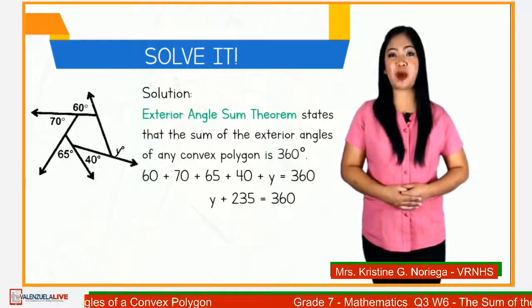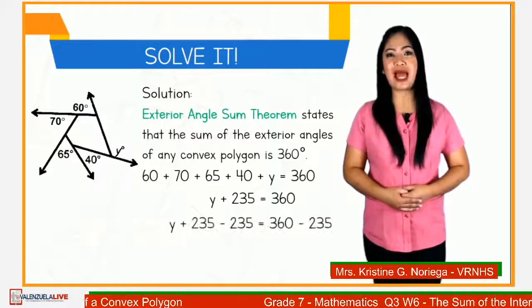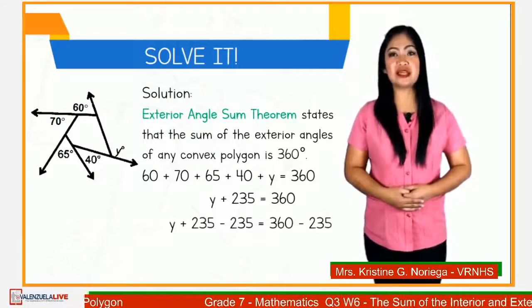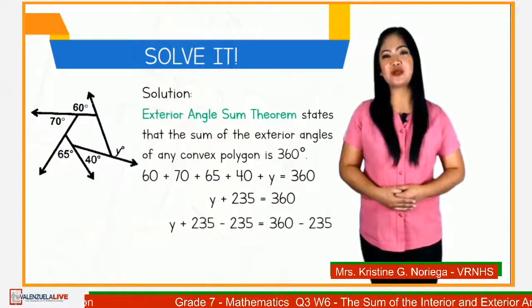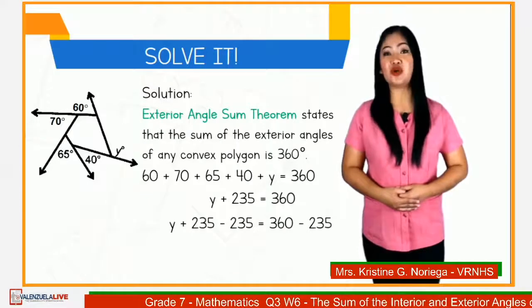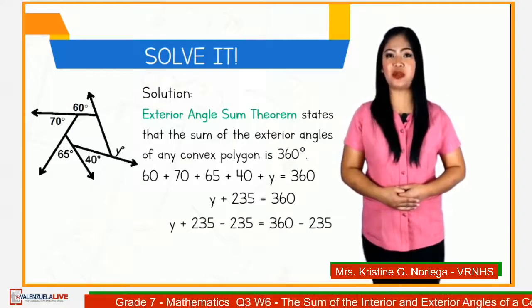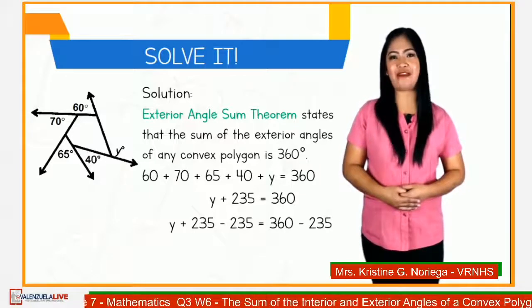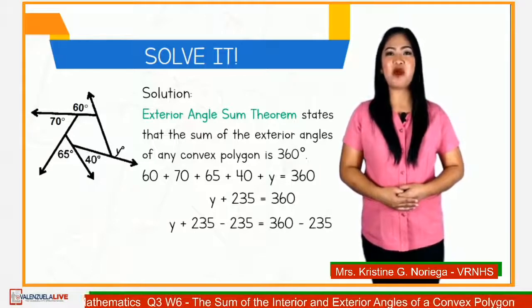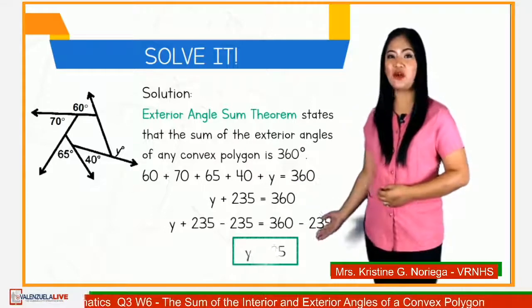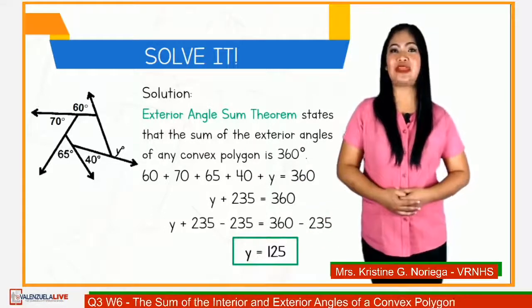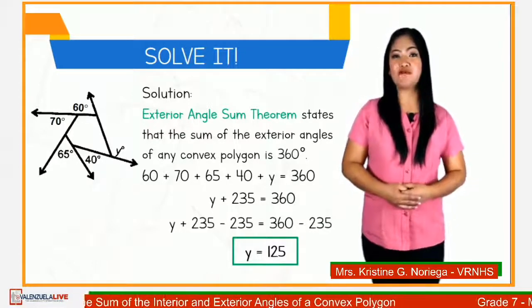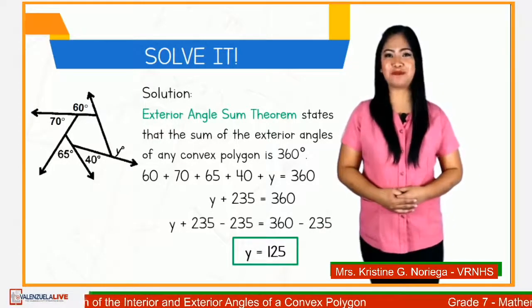Applying subtraction property of equality, we subtract 235 to both sides of the equation, which gives us y plus 235 minus 235 is equal to 360 minus 235. Simplifying, we will have y is equal to 125. Good job! I believe you can solve more of these problems on your own.